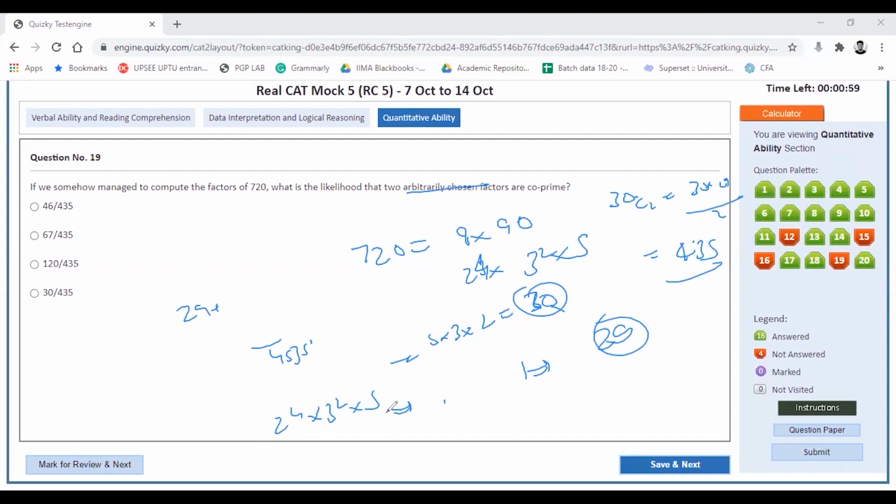If I take with the power of 4, so 2 to the power 4, and then powers of 2, I need the cofactors. So the answer can either be this.